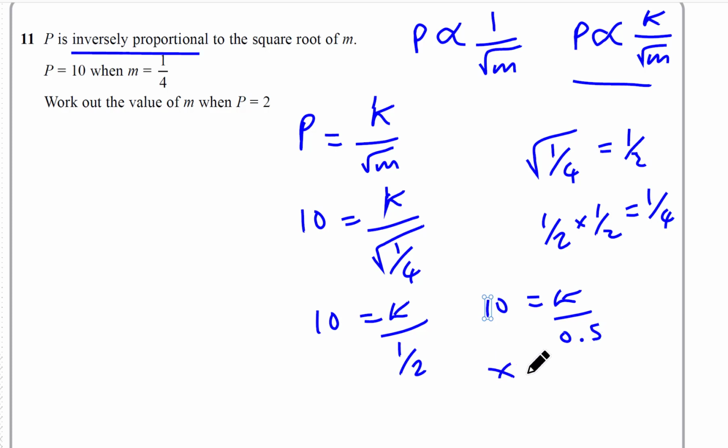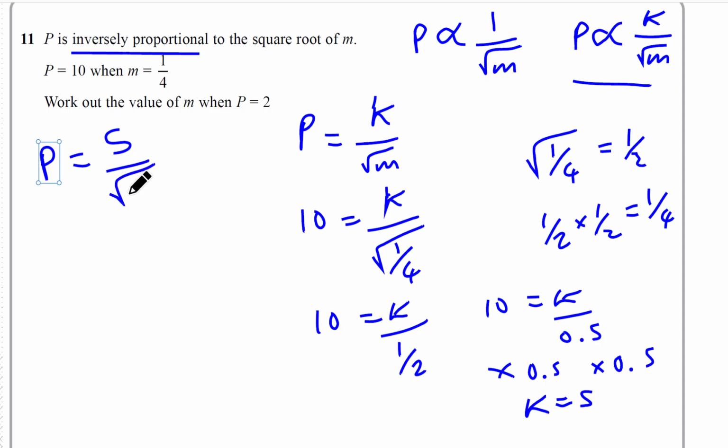So we're going to times both sides by 0.5. We're going to get k equals 5. 10 times a half is 5. So we can rewrite this as p equals 5 over root m. I mean, do rearrange this in a better order than me.